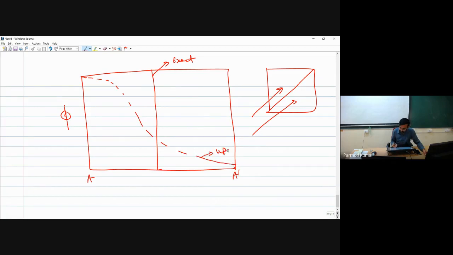This is using the upwind scheme with 50 by 50 meshes. If I use the QUICK scheme, I will find the solution to be very close to the exact solution. So this is my QUICK with 50 by 50.